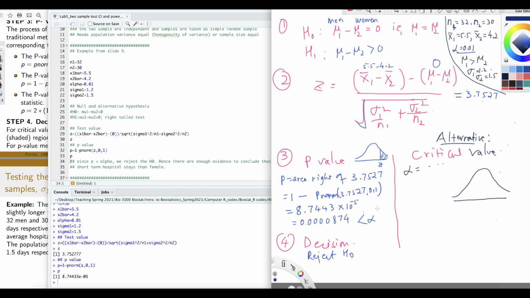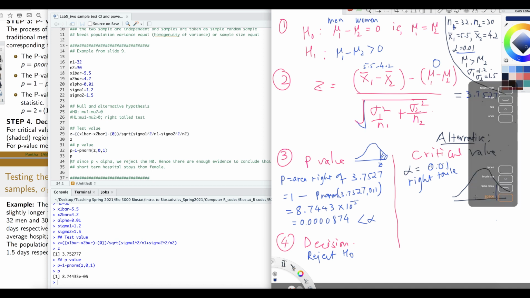Now, if you want to do the critical value method, how would you do that? What is our alpha? Alpha is 0.01, and since the question is greater than 0, it is a right tail test, so you just set the right side to 0.01. For the 0.01, you want to find out that G alpha value.